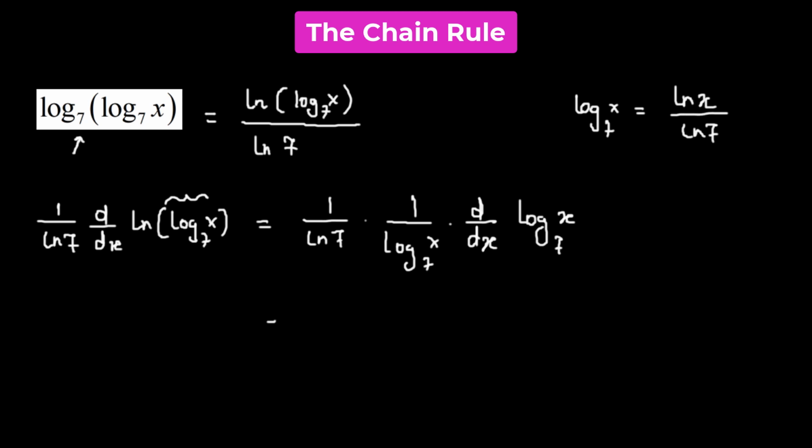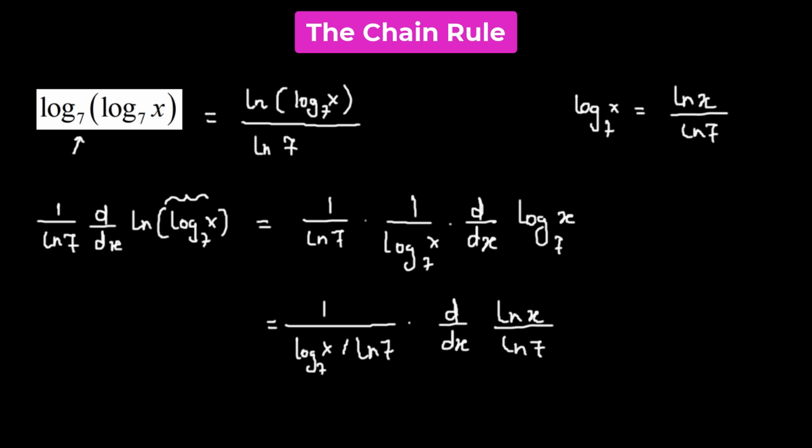So that should give us 1 over log of x to the base 7 multiplied by natural log of 7 times the derivative of natural log of x divided by natural log of 7. So 1 over natural log of 7 being a constant, we can pull it out of the derivative. So we will get natural log of 7 whole squared.